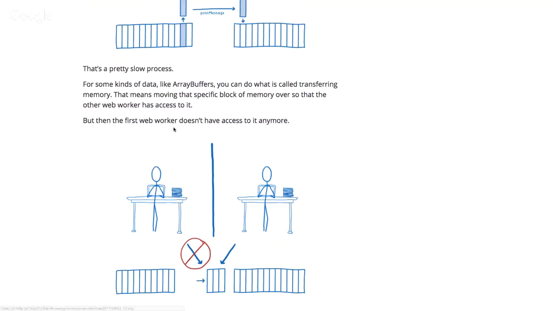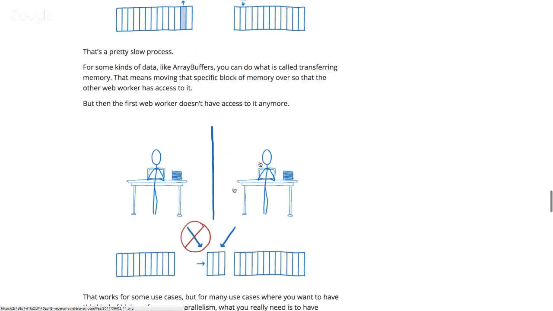But then the first web worker doesn't have access to it anymore. If you share a chunk of memory with the other web worker, the web worker that transferred it doesn't have access to it anymore.